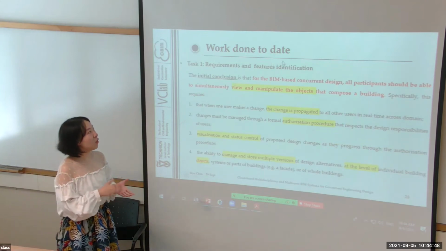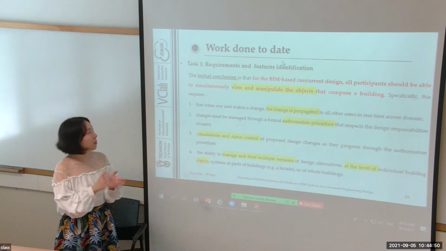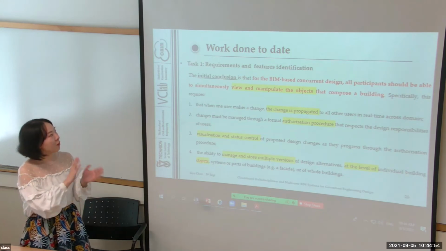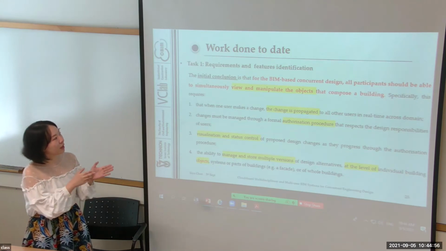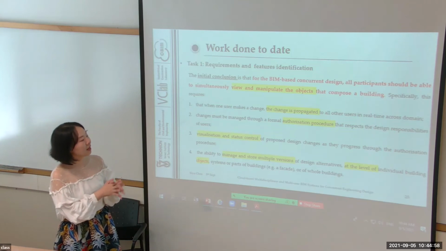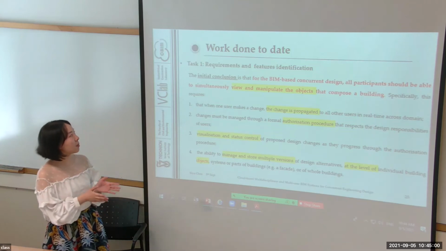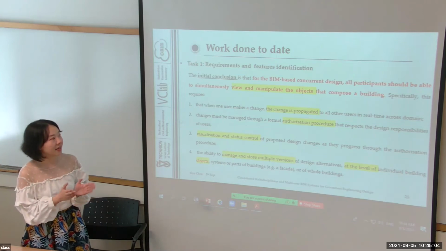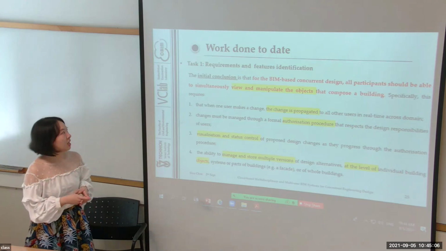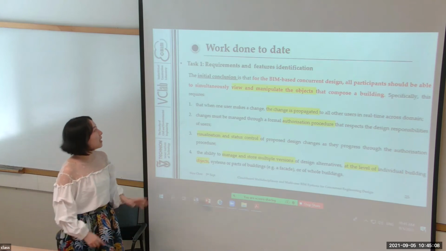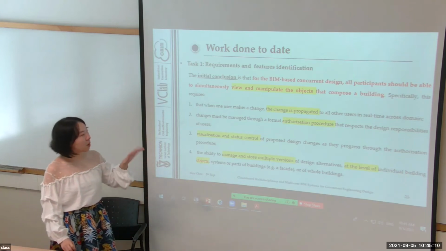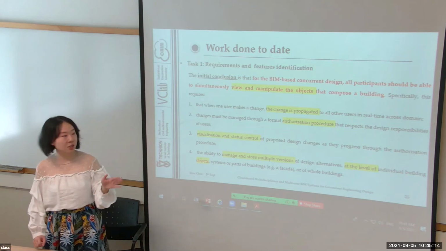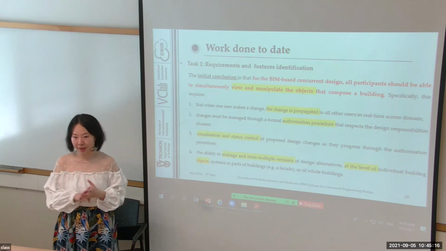Based on this, I propose an initial conclusion for the requirements of BIM-based concurrent design: all participants should be able to simultaneously view and manipulate the objects that compose a building. Specifically, this requires that when one user makes a change, the change is propagated to all other users across domains.